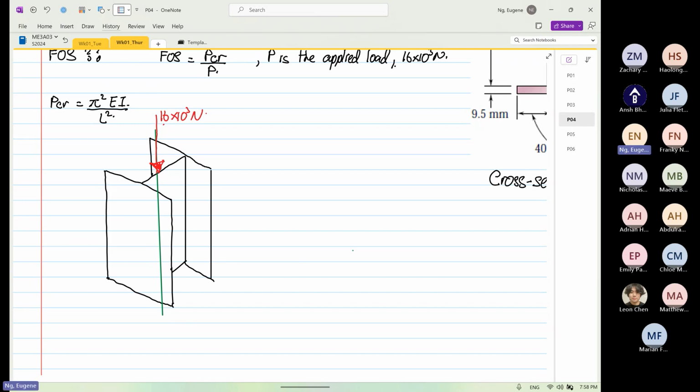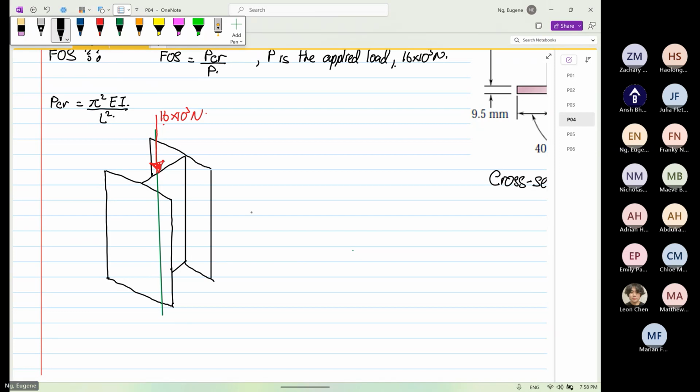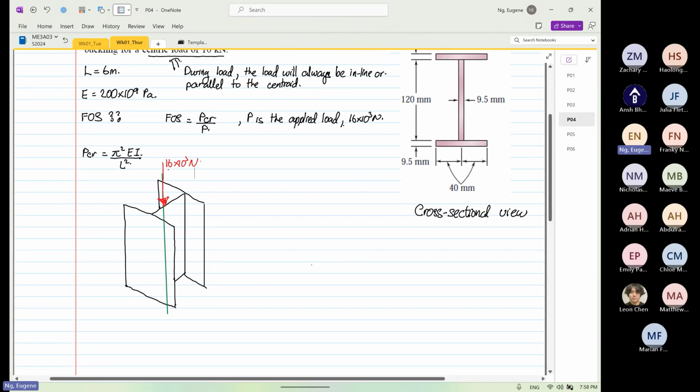So from here, I'm going to draw our transformation, because this is a 3D problem.